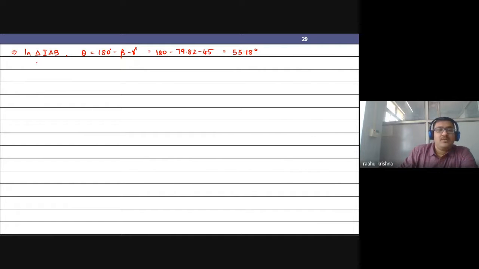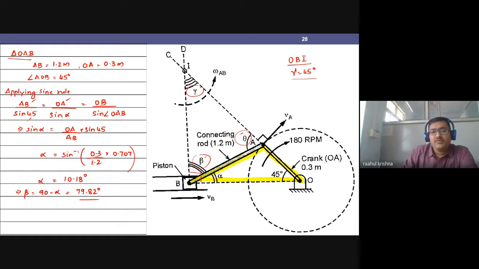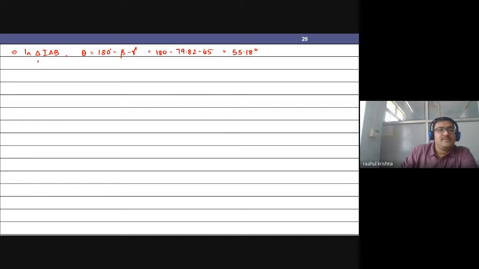Okay. Now for my triangle IAB, I know one length and I know all three angles, right? So I can now apply the sine rule. IA divided by sin theta equal to IB divided by sin beta equal to AB divided by sin gamma.